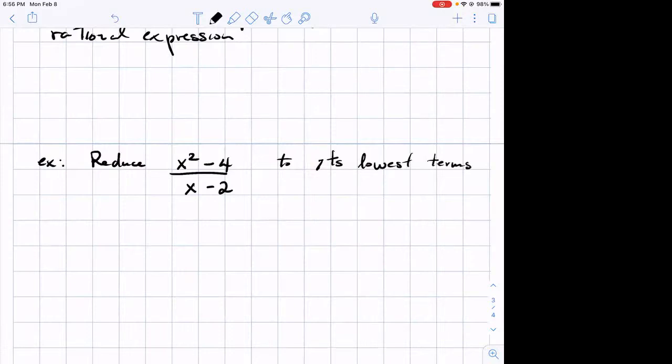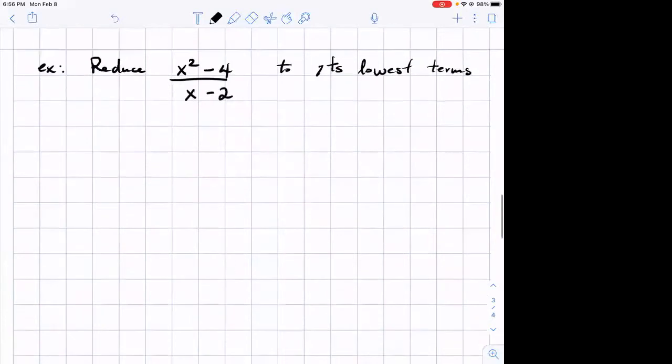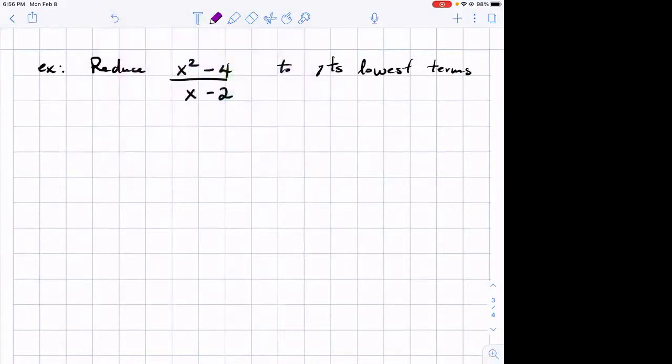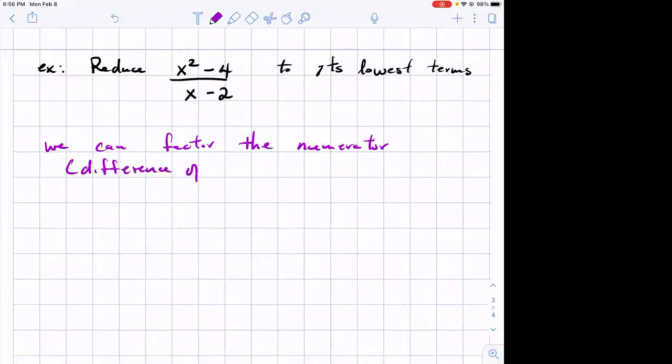One of the things we must do whenever we're reducing is always try to simplify or factor the numerator and denominator. We can factor the numerator because it is a difference of squares.